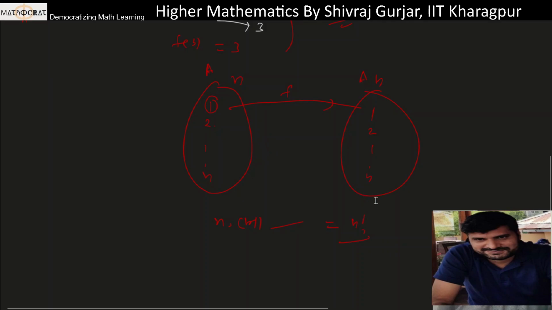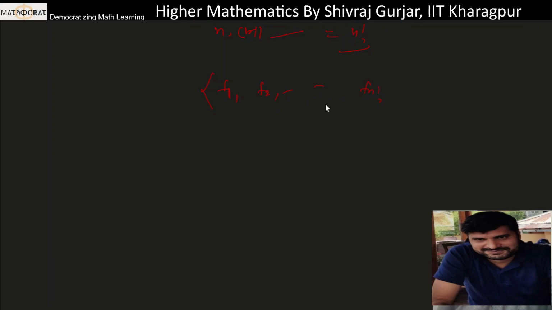Okay. So these n factorial mappings that were formed, F1, F2 and so on up to Fn factorial, let's denote this set by B. Then this set B is a group, basically a group with respect to the operation composition of functions, and these groups are known as permutation groups. So I hope it is clear.